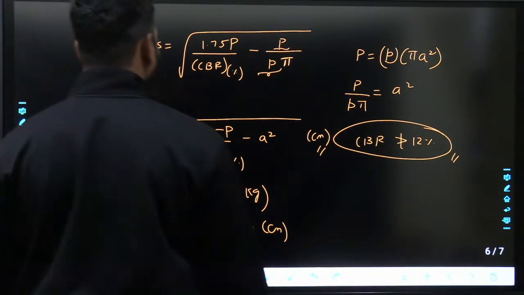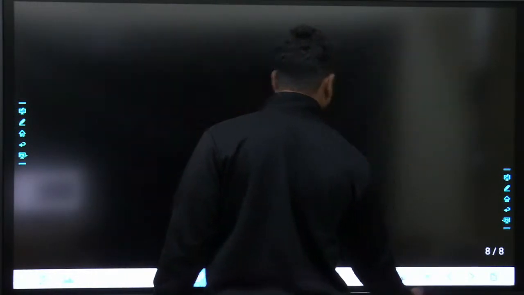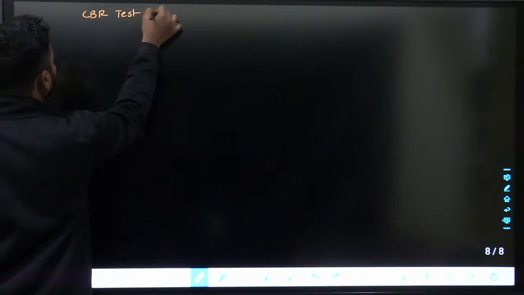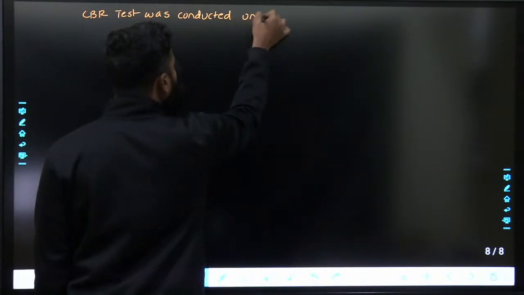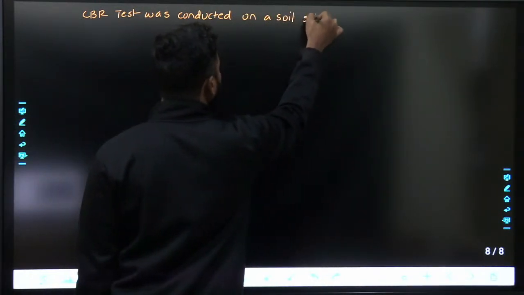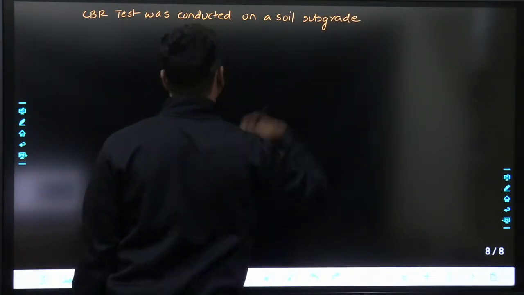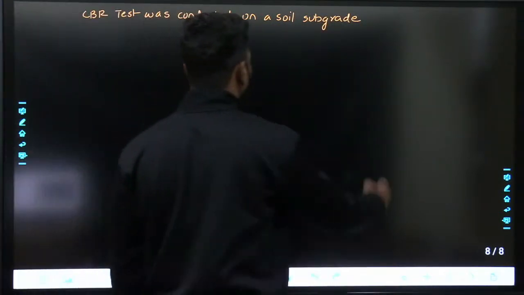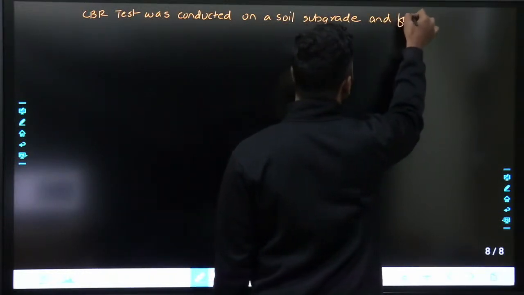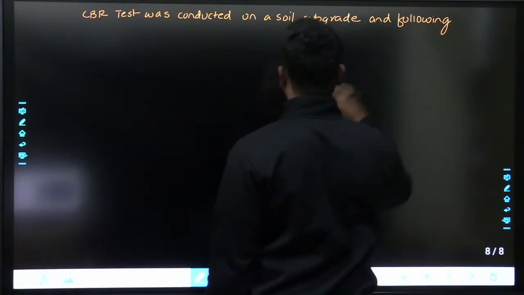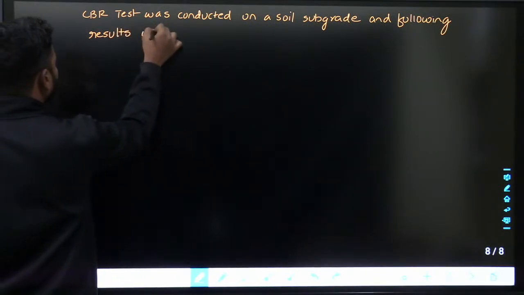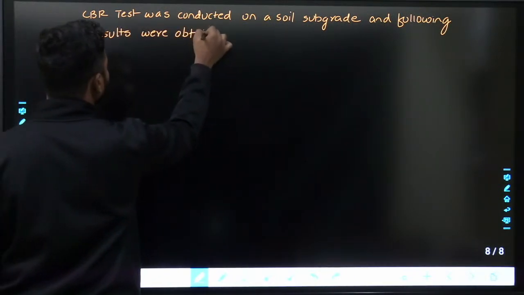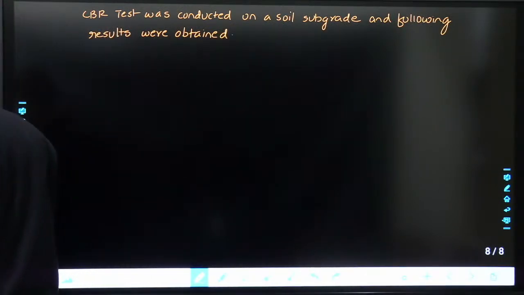So, take a question. A CBR test was conducted on a soil subgrade, and the following results were obtained.